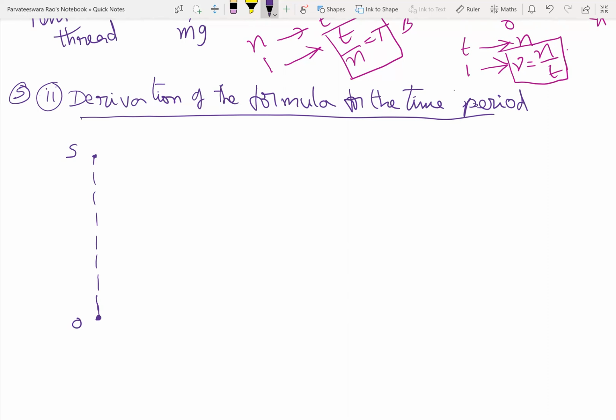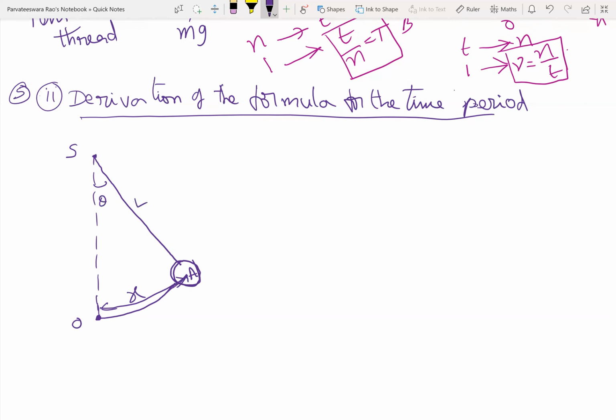Here is the mean position, and the pendulum is taken to the extreme position here, A. So this is the displacement x. Here is theta. This is L.